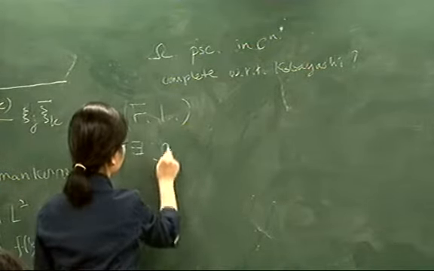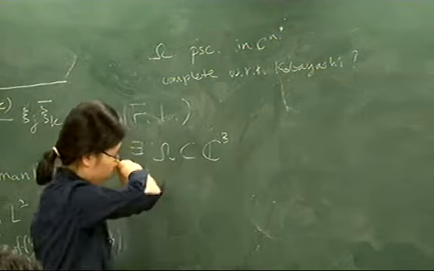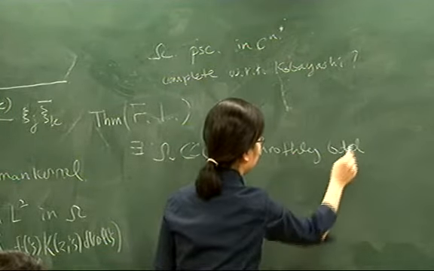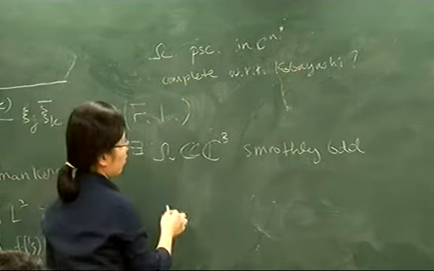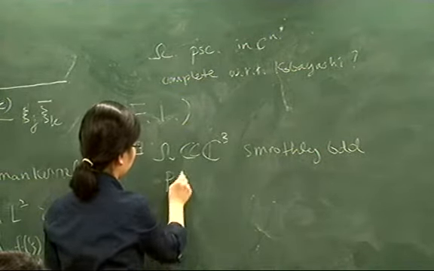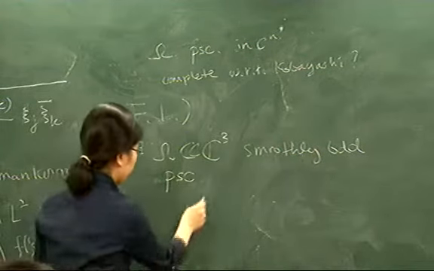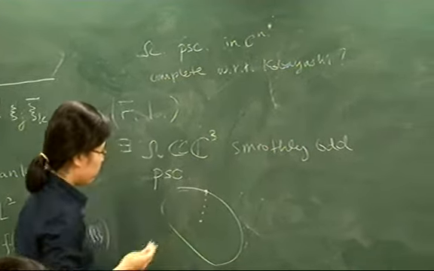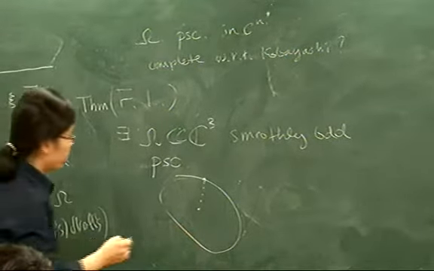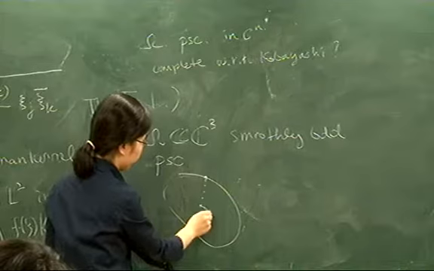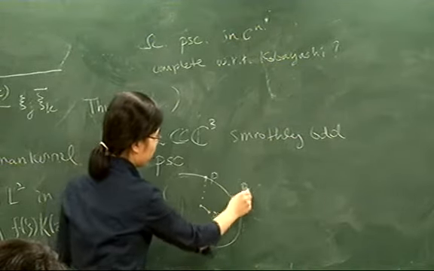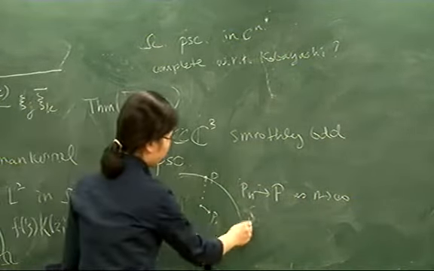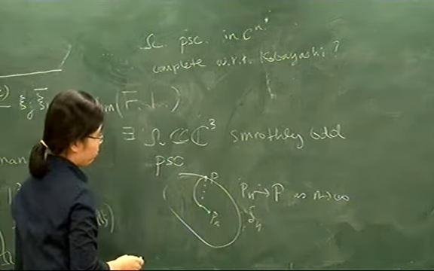There exists a bounded, smoothly bounded domain in C3, and it is pseudo-convex, such that one can find a sequence of points that converges to a boundary point, say P. Say this point is Pn, so Pn goes to P as n goes to infinity, and say delta n is the distance from Pn to the boundary point.